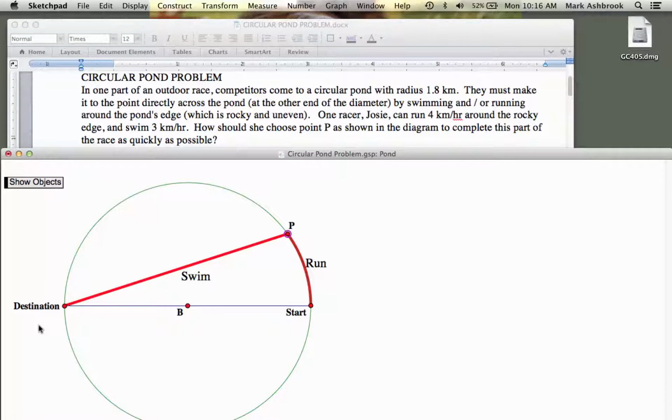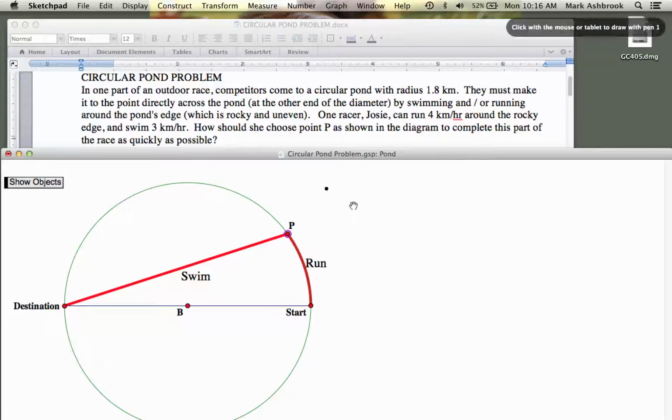And so we said with these optimization problems, we're looking for a quantity that can be maximized or minimized, and the centerpiece of the whole solution will be the function whose output is that quantity. We talked about if she wants to complete this part of the race as quickly as possible, the quantity in focus here is the time it takes her to get from start to the destination, and we're trying to minimize that time.